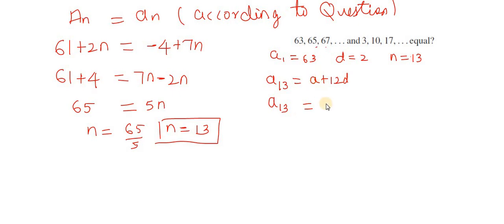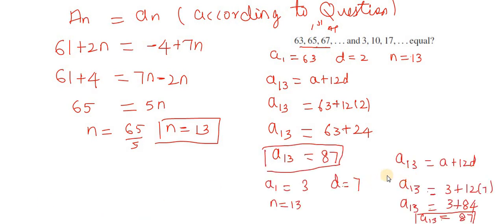Here we know that a1 is equal to 63, d is equal to 2 and n is equal to 13 in the first AP, that is 63, 65 and so on. So a13 is equal to 63 plus 12 into 2, and 12 twos are 24. Simplify here, a13 is equal to 87.